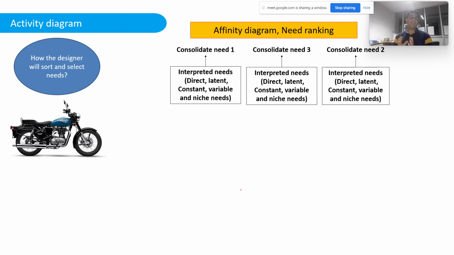Okay. So now the next question is, we have different needs now. We have direct needs, latent needs, constant needs, variable needs. Now how will the designer sort and select these particular needs for their final product?